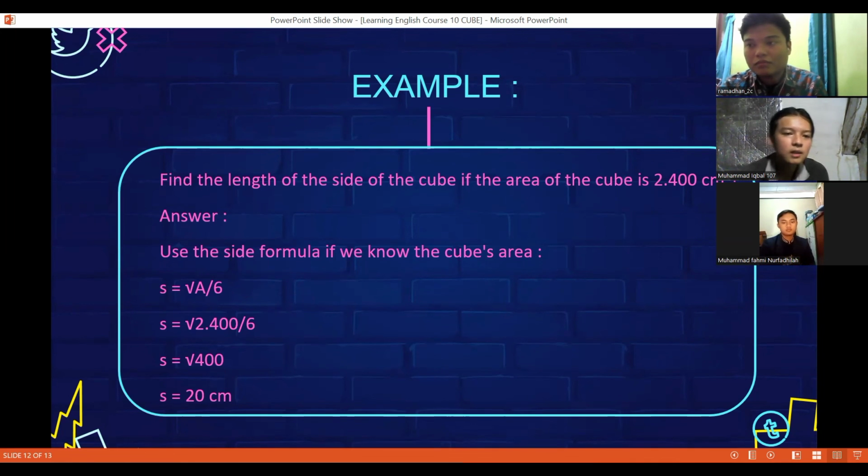The formula is s is equal to the square root of the area divided by 6. So we substitute the area with 2400 square centimeters. Now s is equal to the square root of 2400 divided by 6, which is s is equal to the square root of 400, and finally s is 20 centimeters.